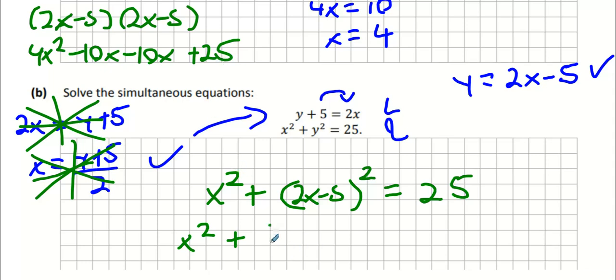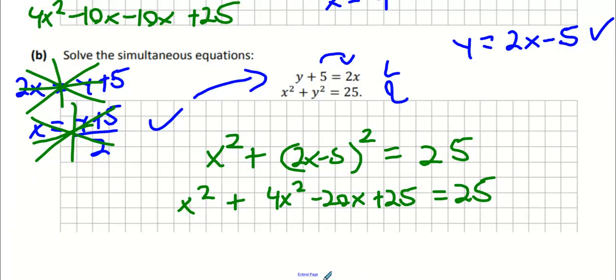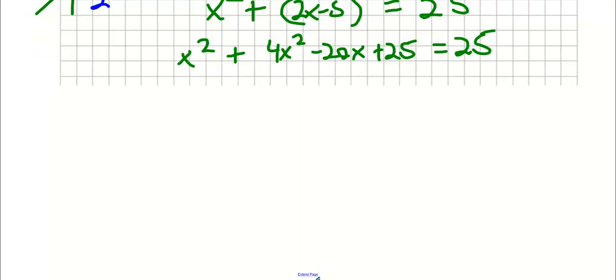And it's going to be 4x squared minus 20x plus 25. Does everybody see the way the 25s are on both sides? What does that mean? They do cancel, don't they? Or if I brought the 25 over, it would become a minus 25, and then they'd cancel anyway. So what's left over?